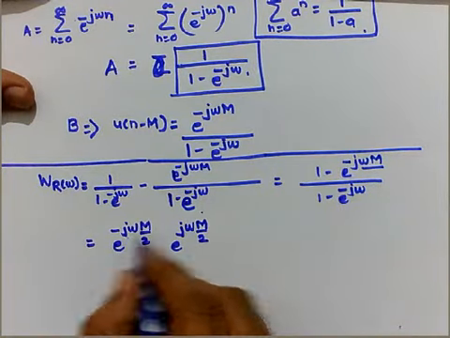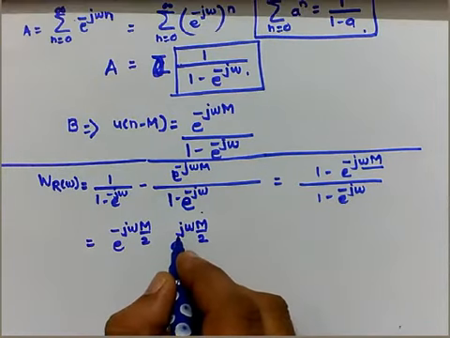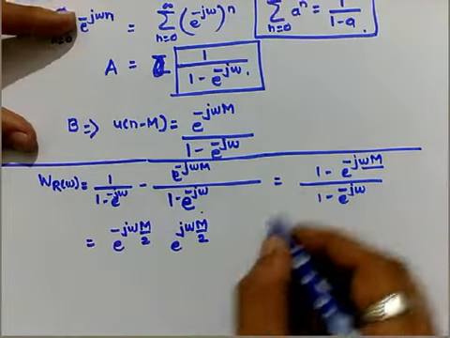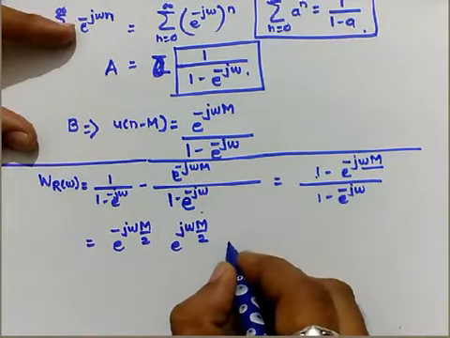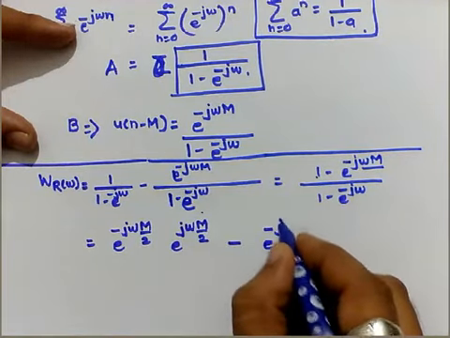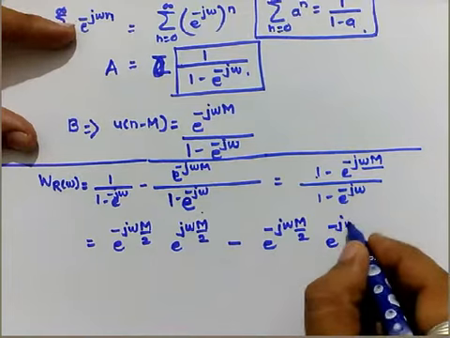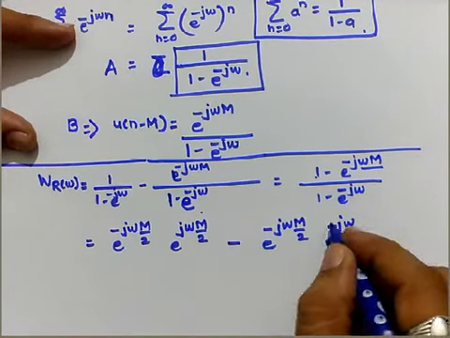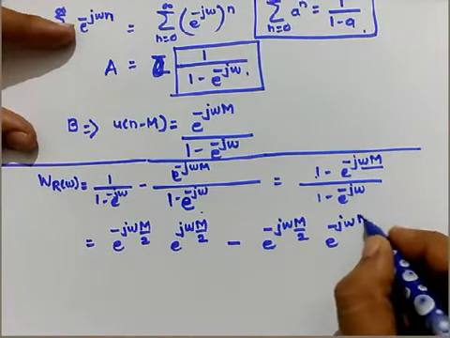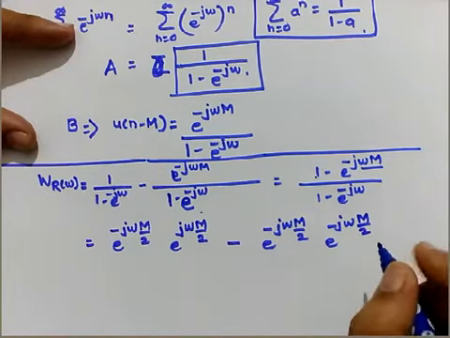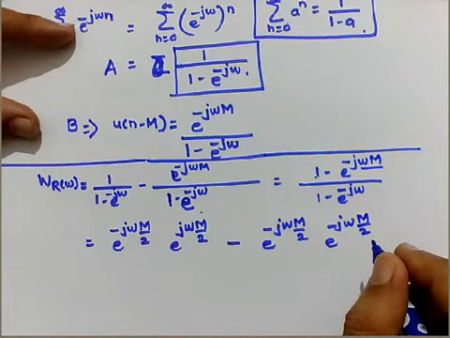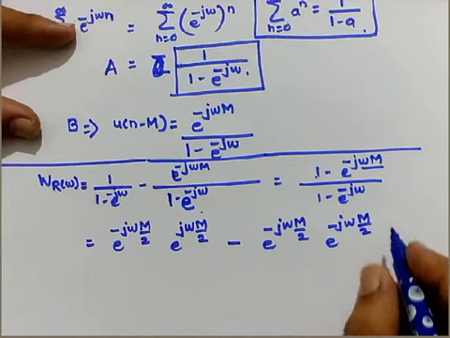So this minus and plus will cancel, so e raised to 0 will be 1. So that is the reflection for this one, minus e raised to j omega m by 2 into e raised to minus j omega m by 2. So this is simplified over here.